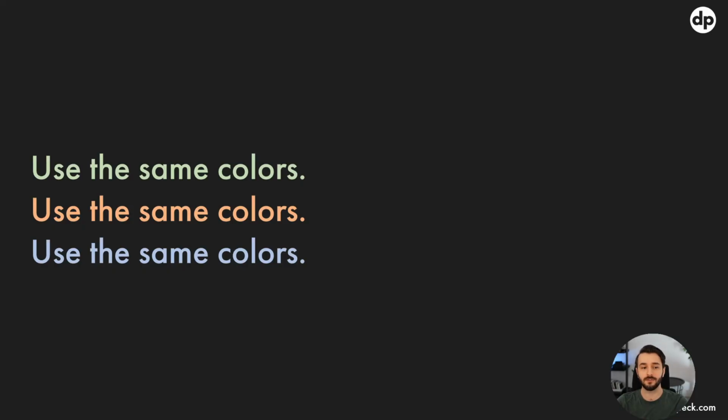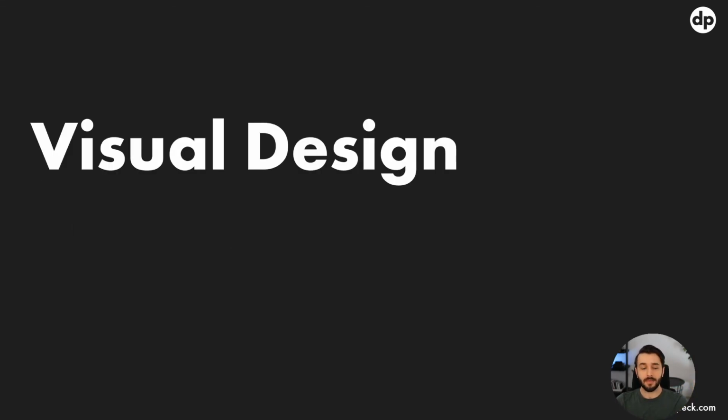You don't want to just use colors randomly or just include colors because you think they look nice. You do want to be very consistent and intentional with your color usage. So I think you get the idea with the repetition. Just try to keep it consistent across the slides. Look into design systems if you want to explore repetition further, because that is kind of repetition taken to the next systemic level.